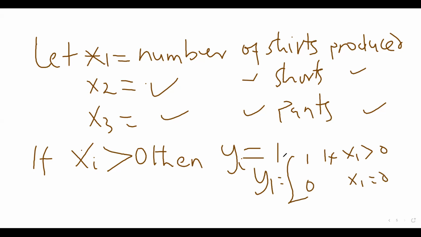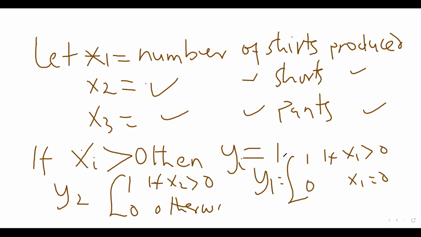I can write this in English: Y1 is 1 if shirts are produced, or 0 if shirts are not produced. The same thing I can say of Y2: it is binary, which is 1 if X2 is being produced, or 0 otherwise. Otherwise will mean that they are not produced.